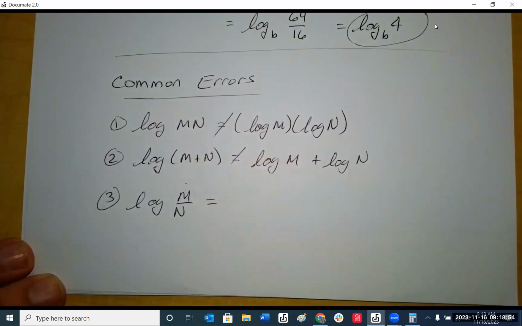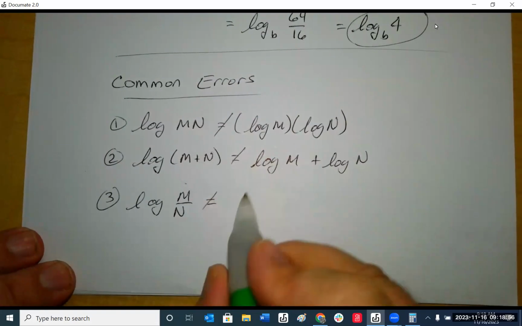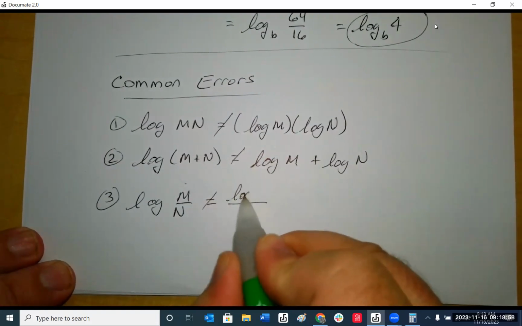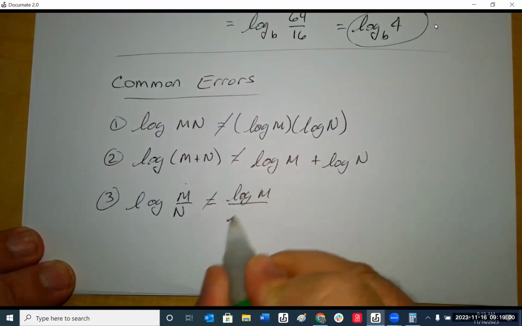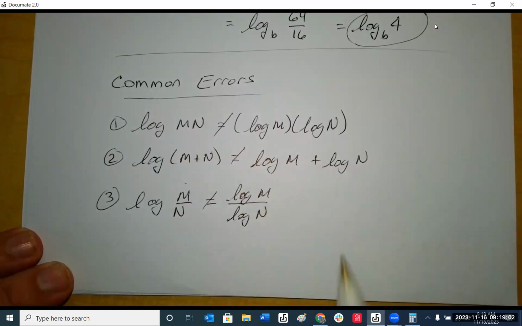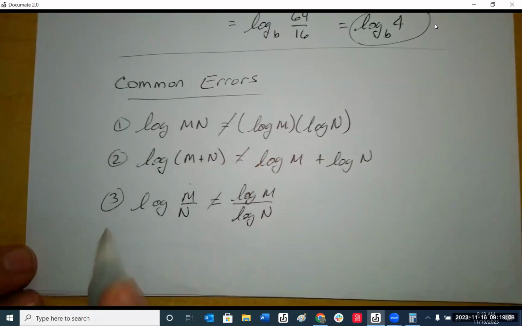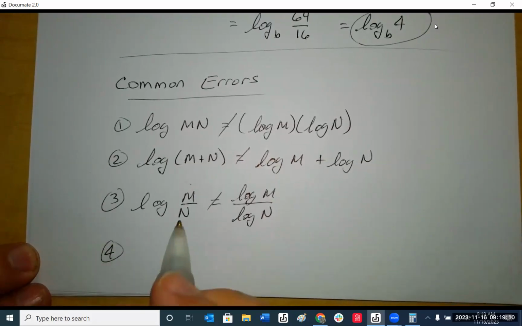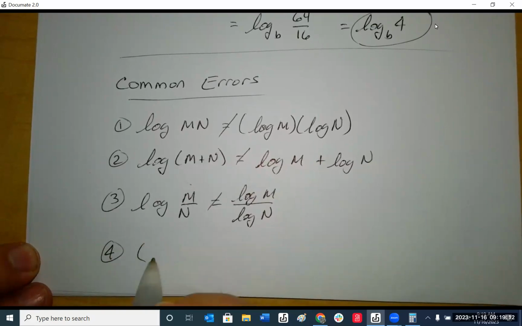If you have the quotient rule, that does not mean you take the log and then the power rule.